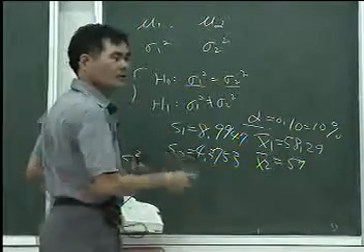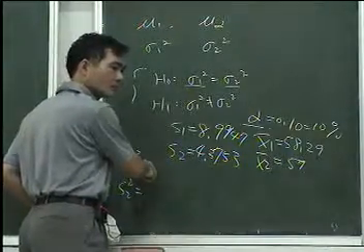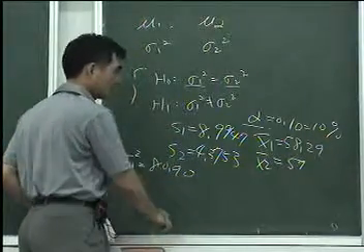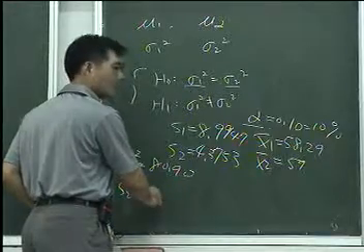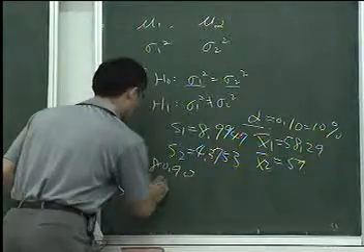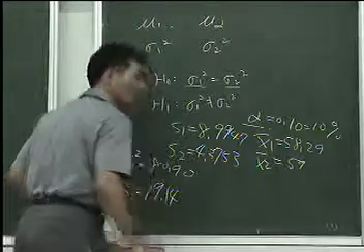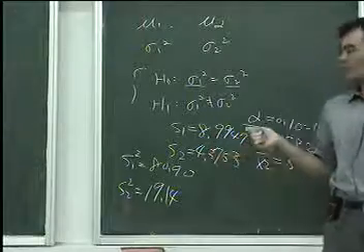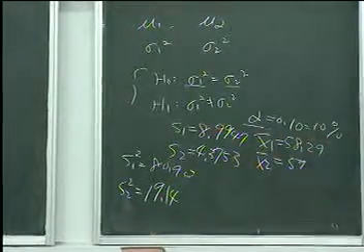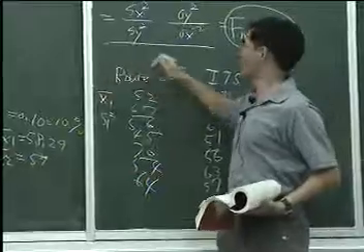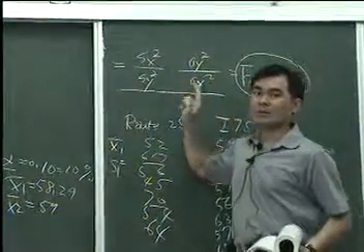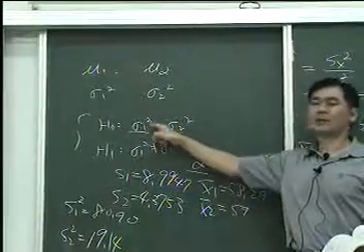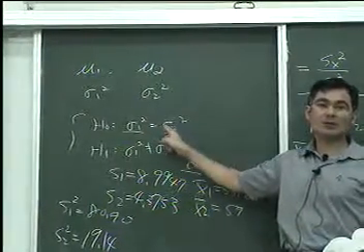What's the number here? 80.90. What about this one? 19.14. Okay, so now for this case, we have to use the F distribution, and the general form for the F distribution is like this. Remember, we are testing whether sigma 1 squared is equal to sigma 2 squared or not.